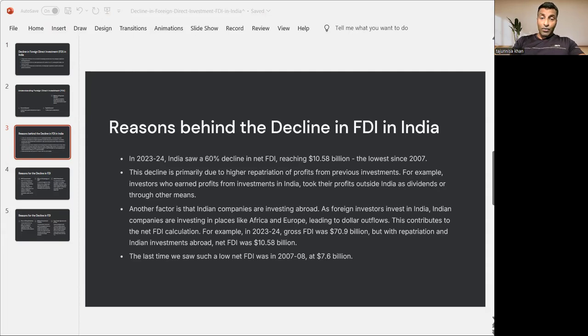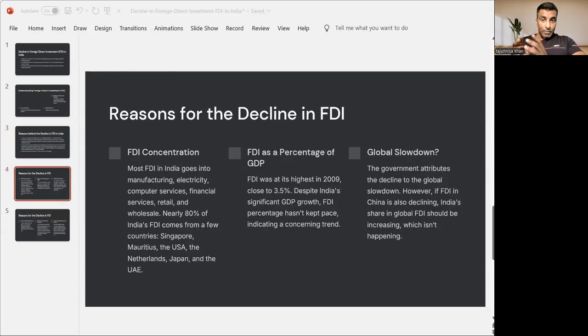Now, let's try to understand why this is happening, and for that, let's consider the following factors. Most of the FDI in India goes into manufacturing, electricity, computer services, financial services, and then retail and wholesale.